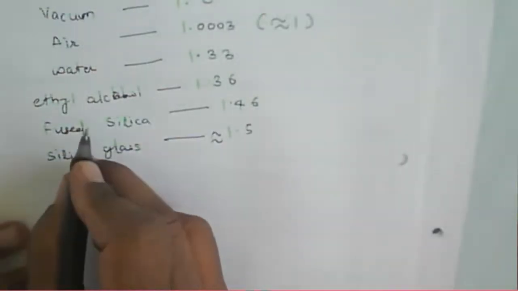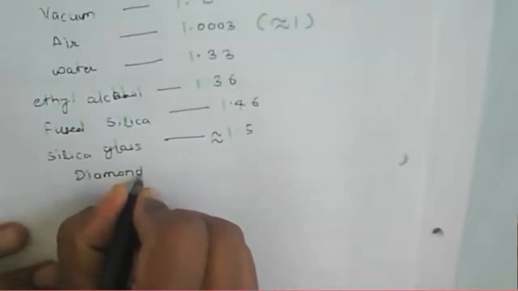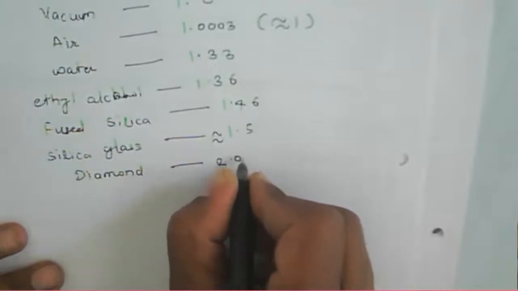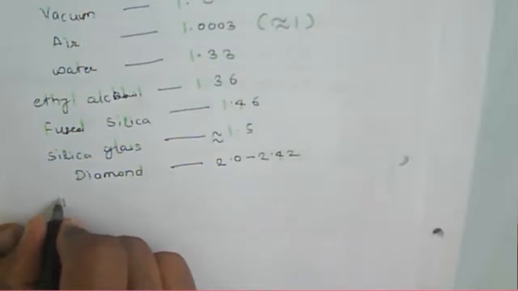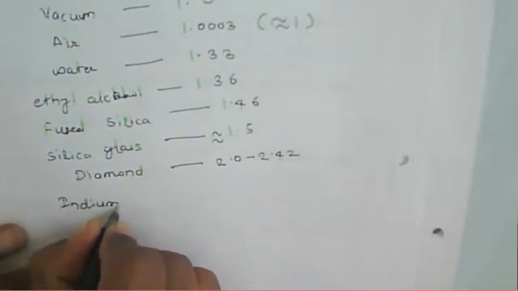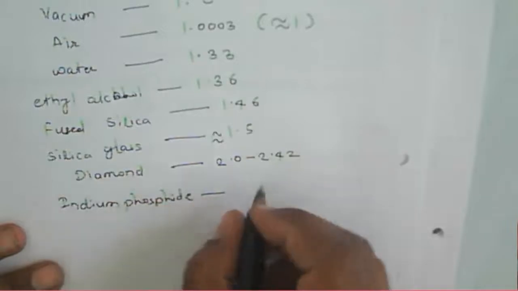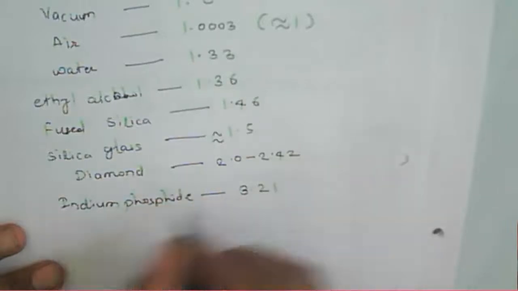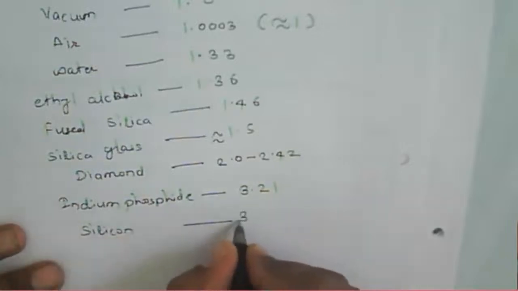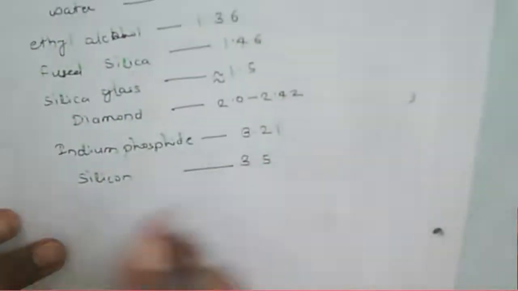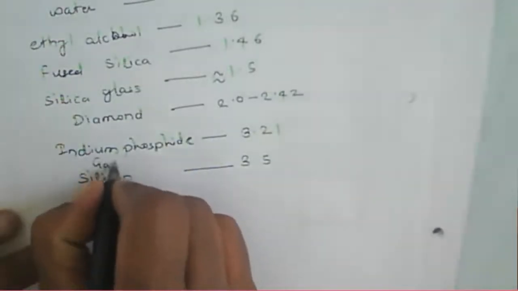So other materials are also available. They have different values of the index of refraction. Diamond 2.42. Then indium phosphide has 3.21.